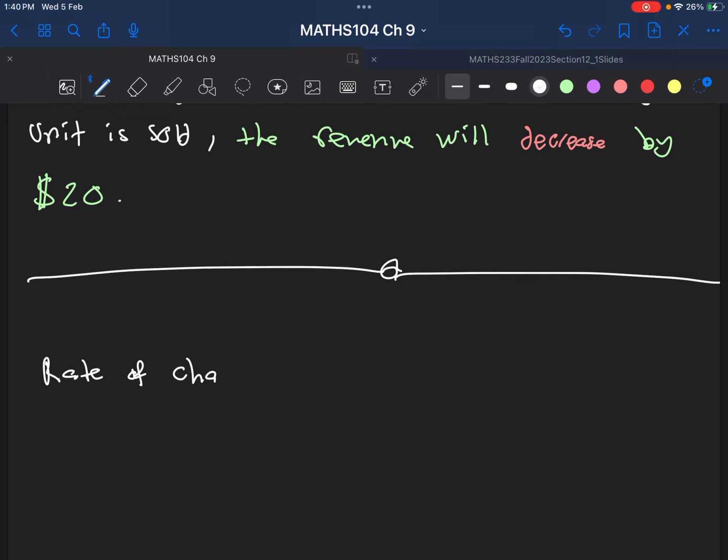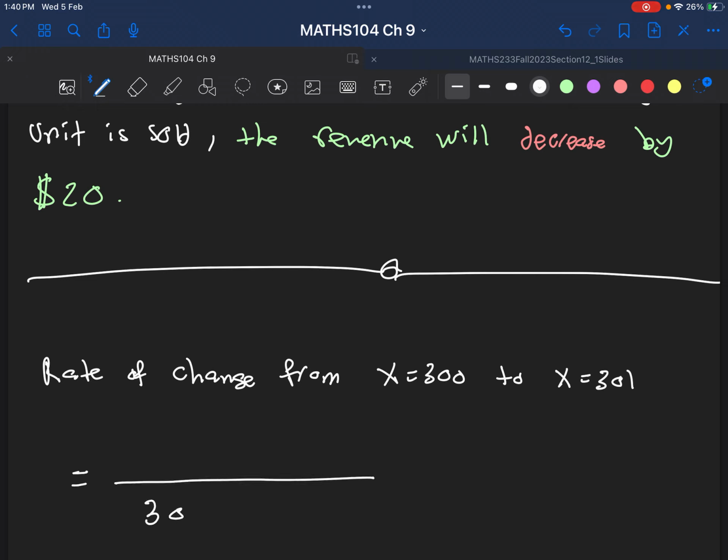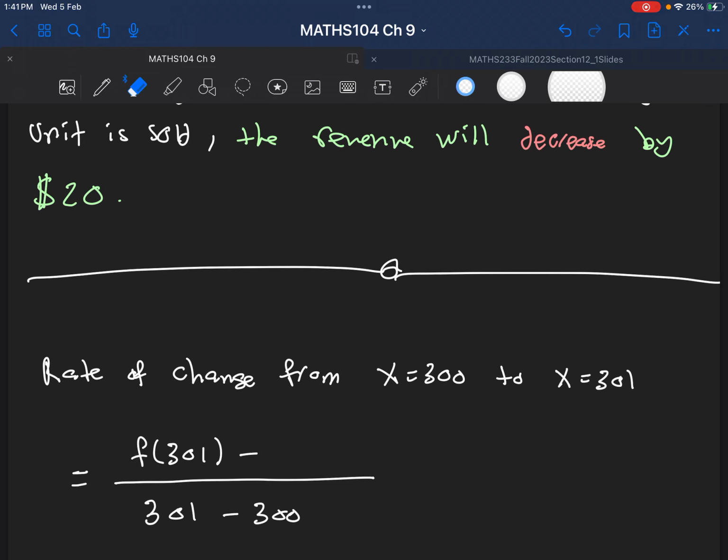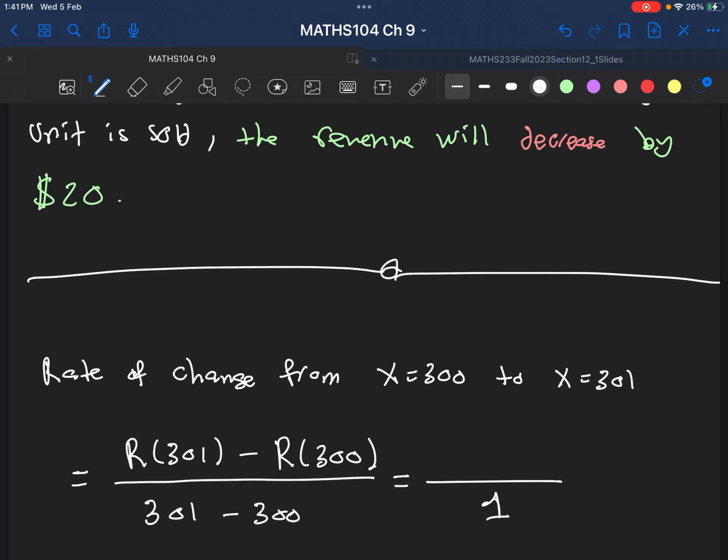Remember, there is a formula, and the formula goes like this: R of 301 minus R of 300, divided by 301 minus 300, which is the slope. Of course, the denominator would be 1.